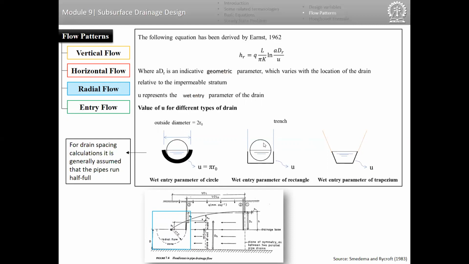If the pipe is placed inside a trench, then we have to consider the wetted parameter of the trench. In case of a trapezoidal trench, we have to consider the wetted parameter of the trapezoid. So this is your radial flow.